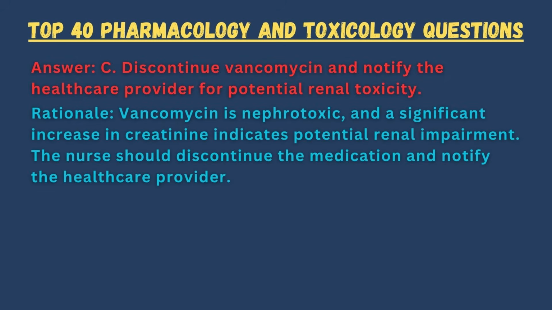Answer: C. Discontinue vancomycin and notify the healthcare provider for potential renal toxicity. Rationale: vancomycin is nephrotoxic, and a significant increase in creatinine indicates potential renal impairment. The nurse should discontinue the medication and notify the healthcare provider.